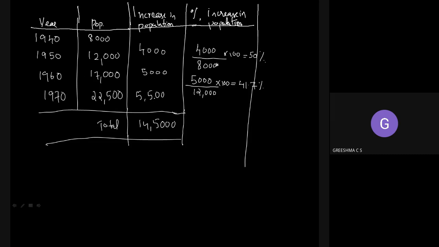That is 5,500 divided by 17,000 into 100. You will get 32.4. So this is the percentage increase over here.